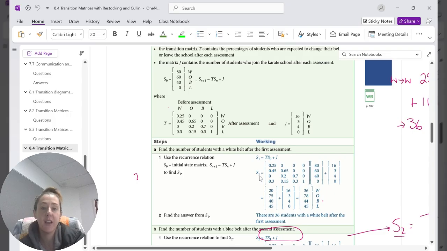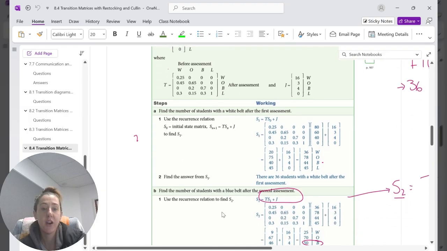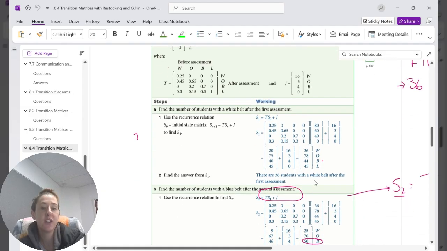So after one assessment, transition matrix multiplied by our initial state, and then we're going to add on that culling and restocking. So can you see here? So we end up with 36 at a white belt, 78 at an orange, 44 at a blue belt, and 45 have left. So after the first assessment, there are 36 students with a white belt.